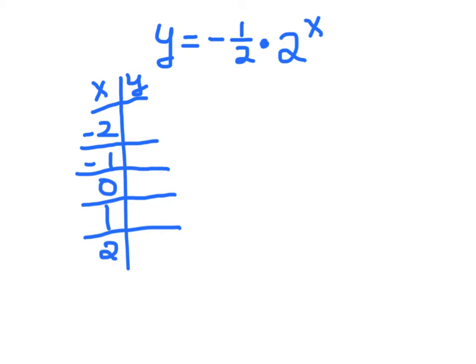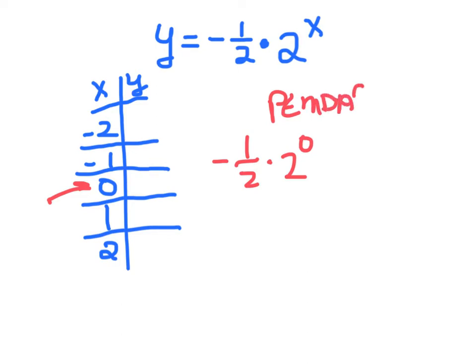So graphing another one, now if we plug in 0 for x, we'll have -1/2 times 2 to the 0. So in PEMDAS, we have to actually do the exponent before we multiply. So this is not -1 to the 0.